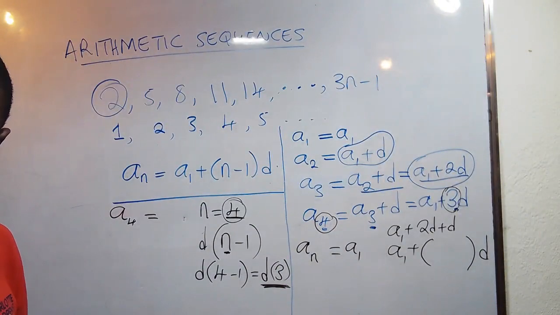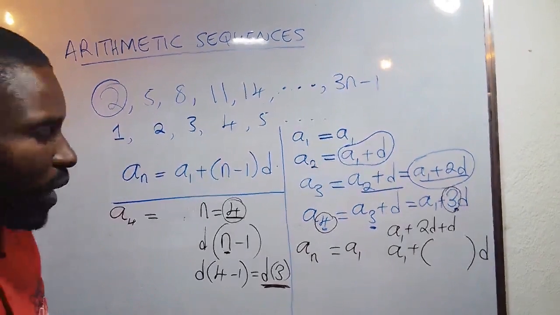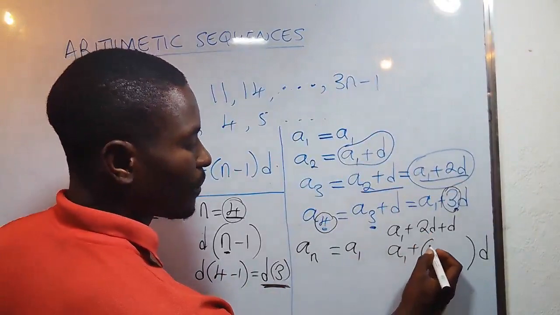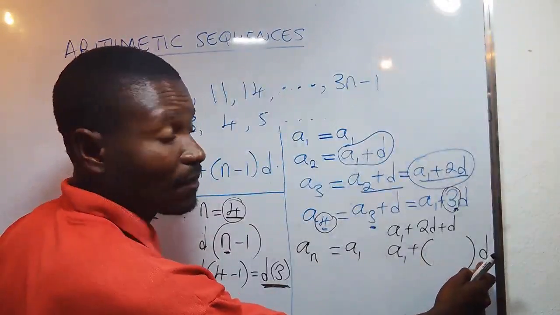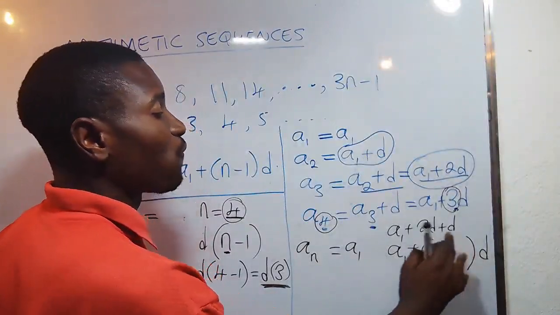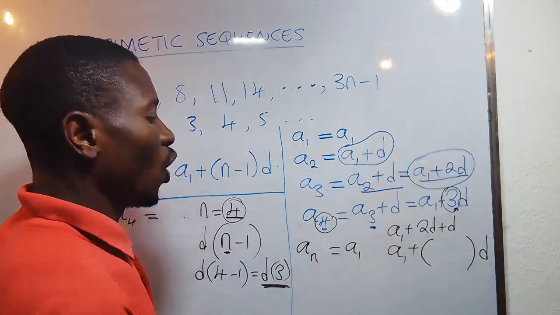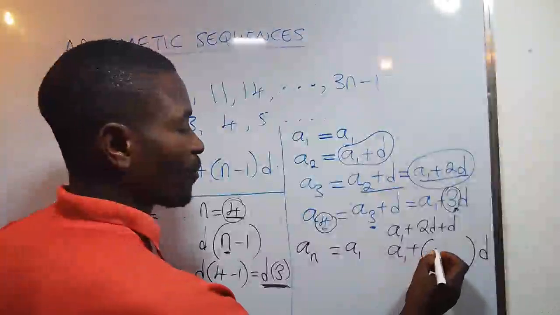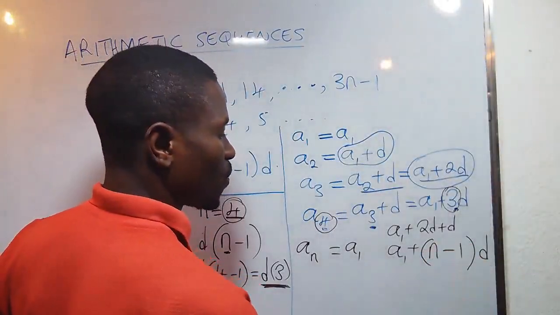So now the whole idea is this. The coefficient D is coming from the subtraction of the term minus 1, okay. So n minus 1.